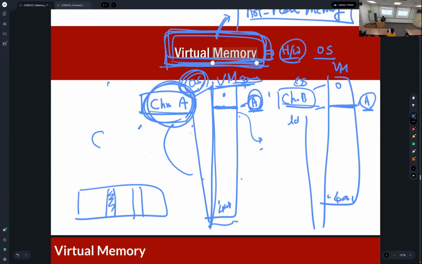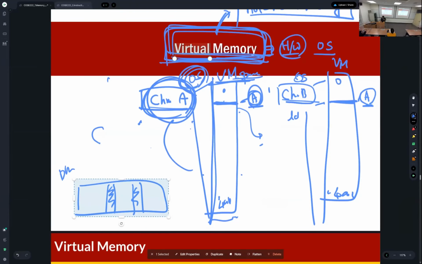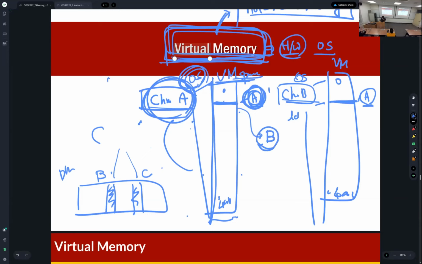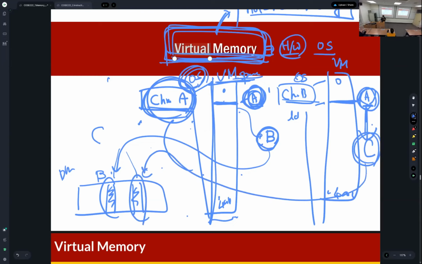In a real physical DRAM, this different data is stored and accessed by different addresses, like B and C. So the operating system changed this address A into the real physical address B for this Chrome A, and then accessed this data. And even though this address is the same, the operating system changed this address into the real physical address C, and then accessed the real data.